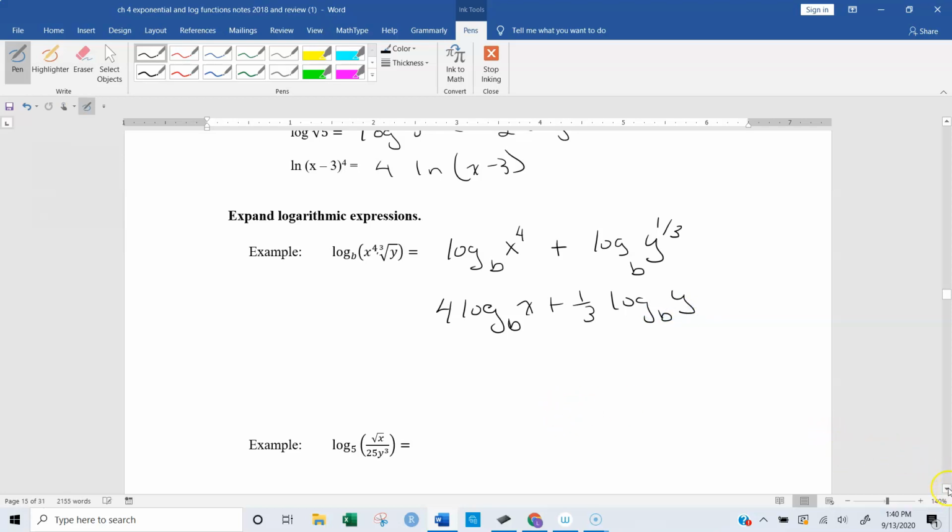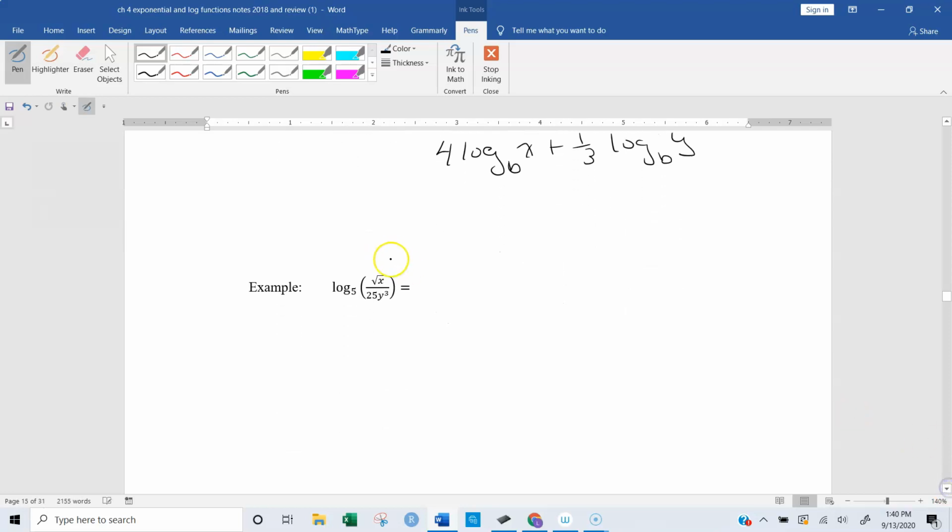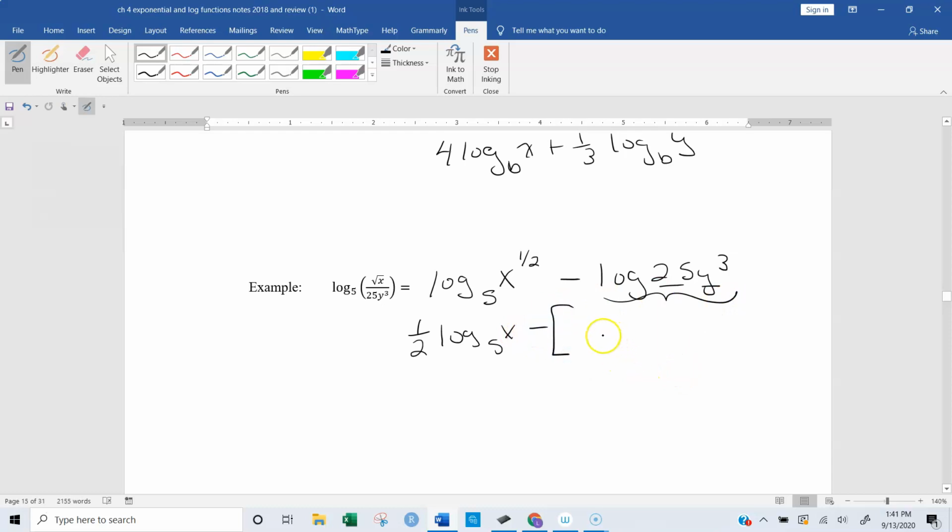All right, now let's look at the next one. This time we're dividing, which means we need to subtract. So it's log base 5. Now remember the square root means 1/2. So x to the 1/2 power minus, now be careful here, log of 25y cubed. All right, this one, the 1/2 goes in front. So a 1/2 log base 5 of x, but this is multiplication, which means I have not expanded this term completely. So minus, and we're going to put a bracket here so we don't get messed up.